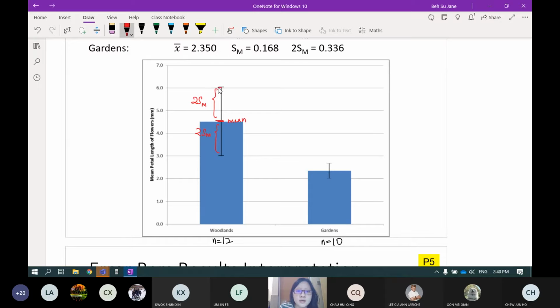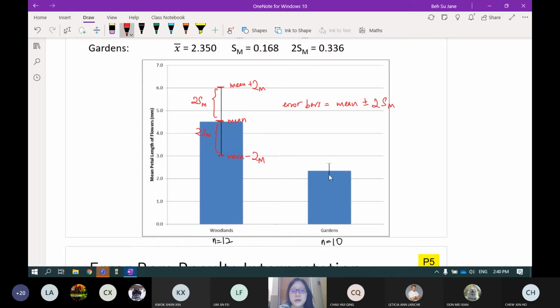So what is this point here? This point is the mean plus 2 standard error. And this point here is the mean minus 2 standard error. So in general, the error bars are mean plus minus 2 standard error. Same here.